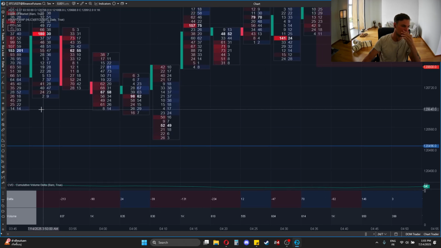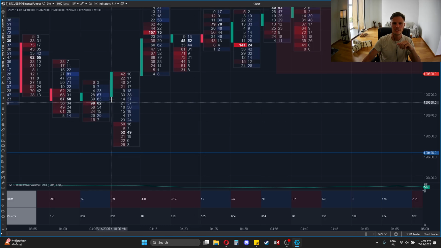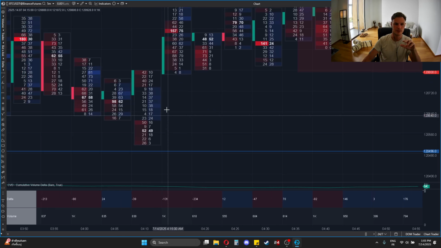So I'll give you maybe another example. Let's say in this candle here, to make it more simple, you had 150 buyers and 200 sellers. That would be 150 minus 200, and the delta would be minus 50, right? 150 buyers minus 200 sellers would be minus 50 delta.